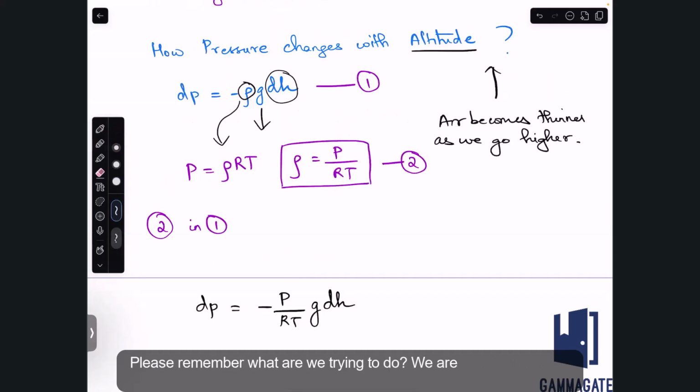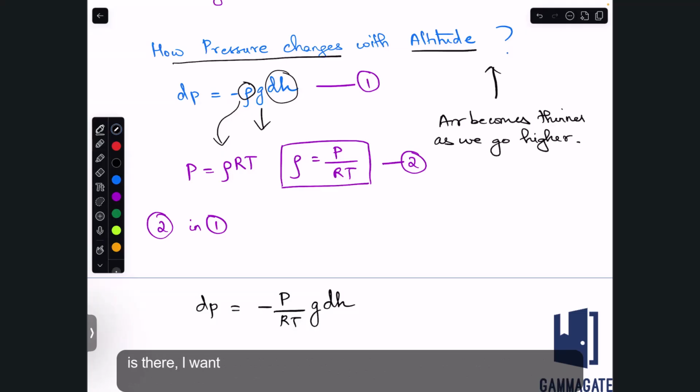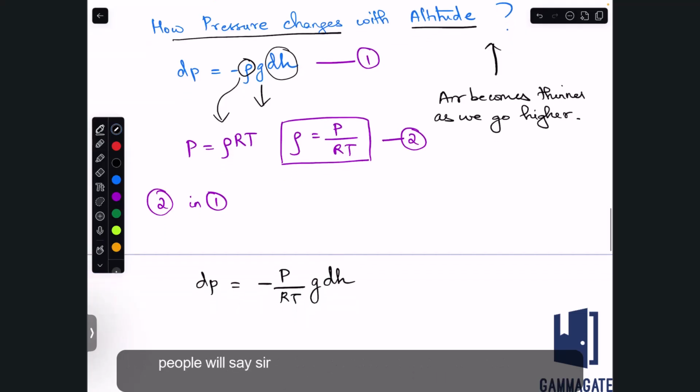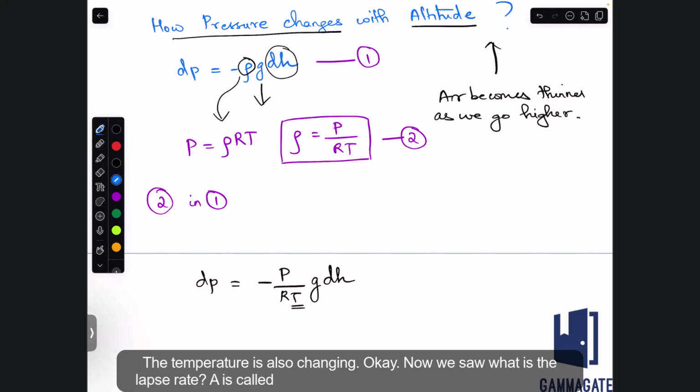Please remember, what are we trying to do? We are trying to see how pressure is changing with altitude. But because the density term is there, I want to remove density and replace it with pressure and temperature. Now people will say, sir, but temperature is also changing. Correct, the temperature is also changing. Now we saw what the lapse rate is.